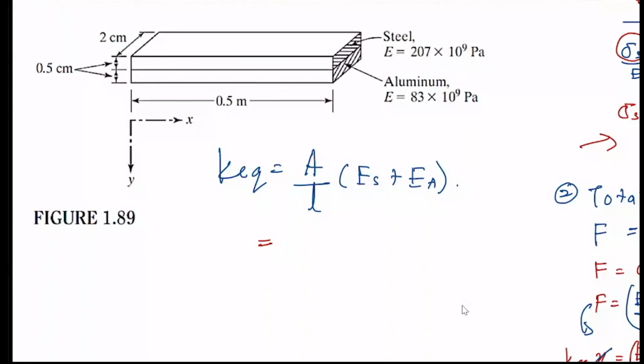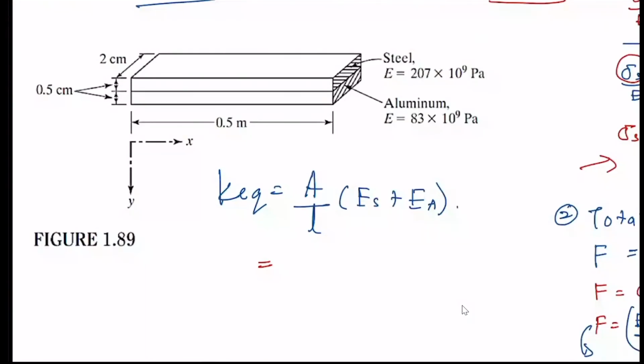So A equals to, remember, if you are trying to substitute any values, you always have to make sure the values are in SI units. So for example, here it's given in cm, so you always have to convert to meters before you substitute.